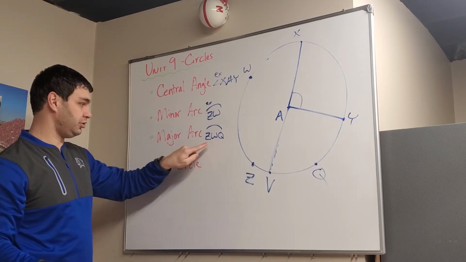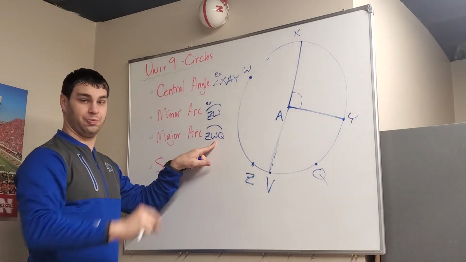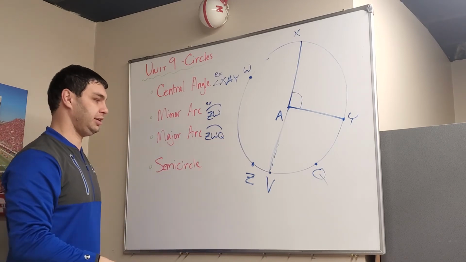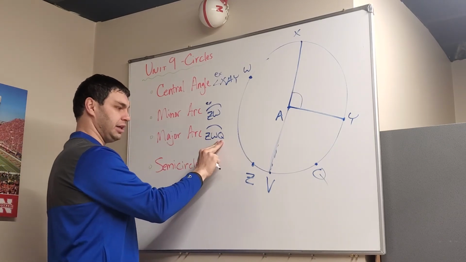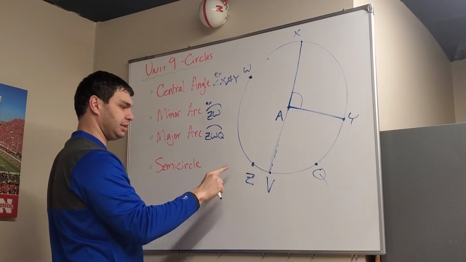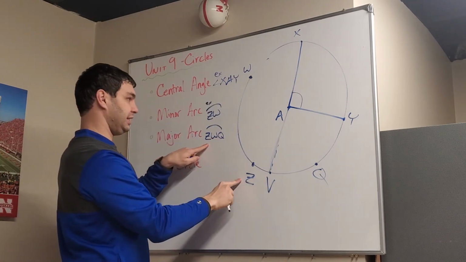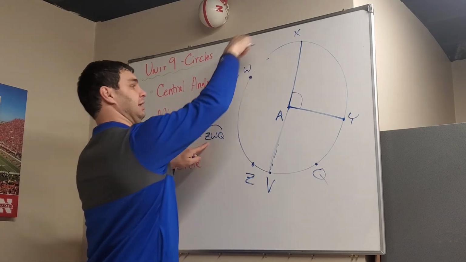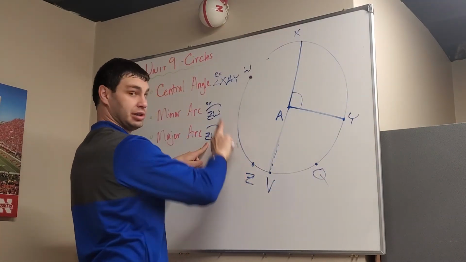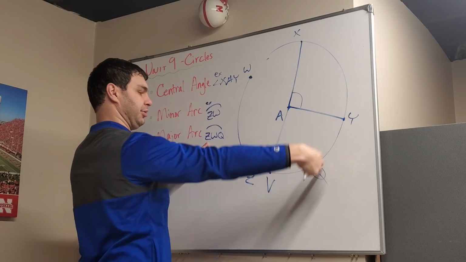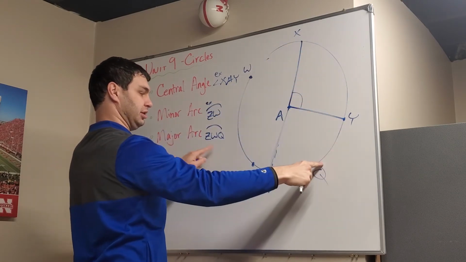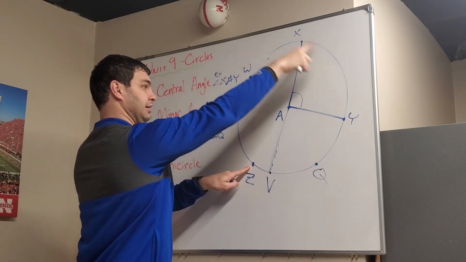A major arc uses three, ZWQ. It's important that you do that because sometimes you can end up going the wrong way around the circle. If you start with the Z and then go to the W and keep going that same way, in this case clockwise, you'll end up with the Q, and it's talking about this portion, not that, this.